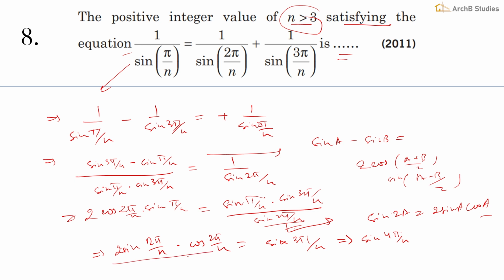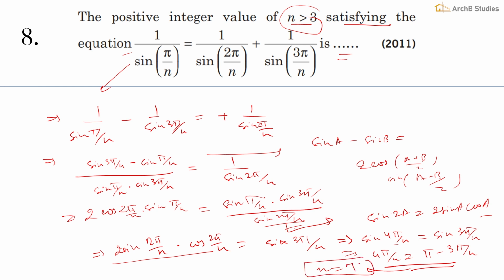This thing we can write as sine 4 pi upon n equal to sine 3 pi upon n. Now since the values of sine are equal, it means that these angles will also be equal, but we cannot write simply 4 pi upon n equal to 3 pi upon n. That will be wrong. So we can write 4 pi upon n equal to pi minus 3 pi upon n. And solving this, we will get the value of n as 7.